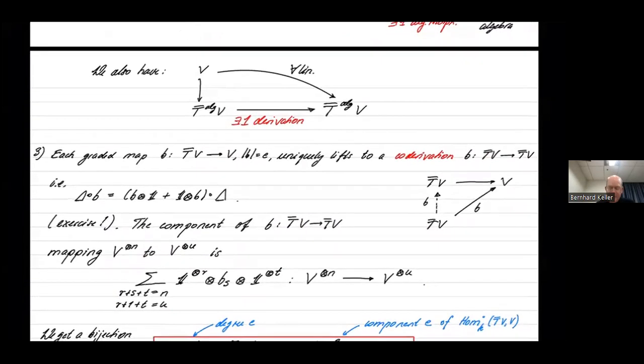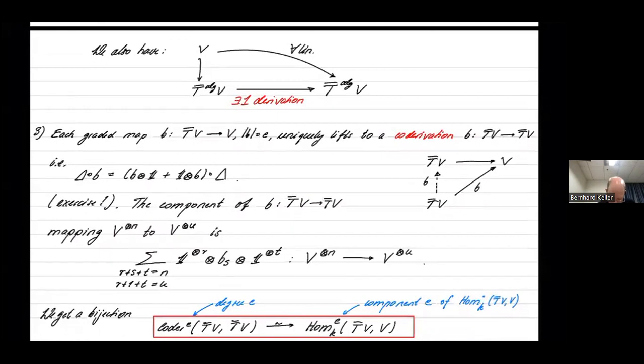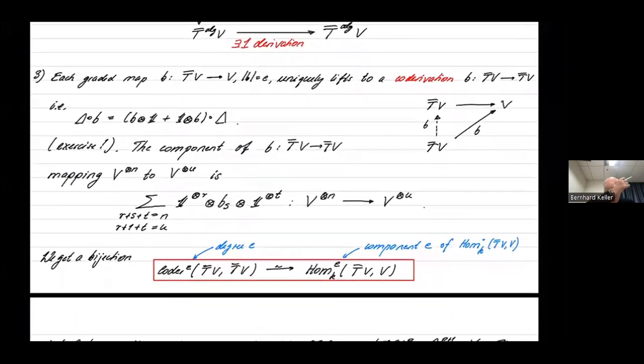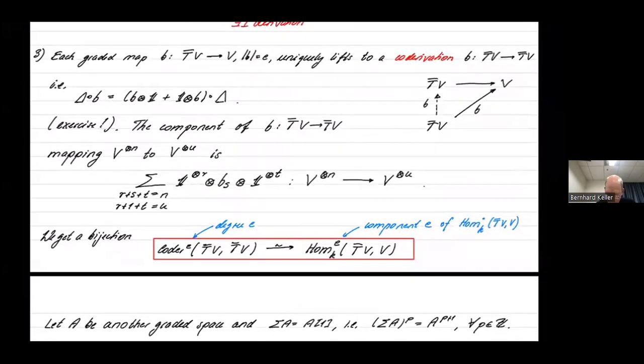And in this way, we get a bijection between co-derivations of degree e of the reduced tensor co-algebra and the elements in the component of degree e in the morphism graded space from the reduced tensor co-algebra to V. Okay, this is very nice already.